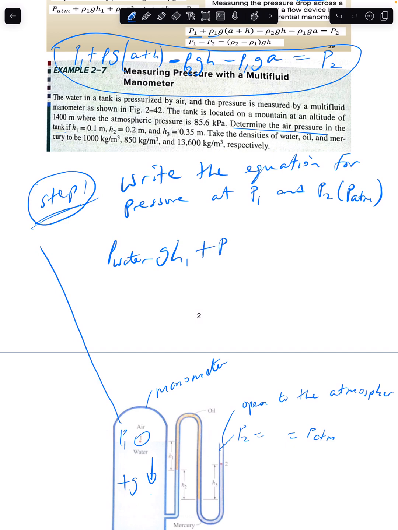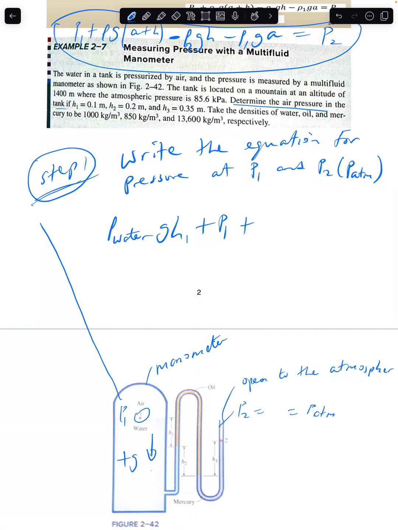Plus P1 plus what? Now we have oil coming downward. Water is coming downward, oil is coming downward. We have density for oil G H2. This is the height for oil.